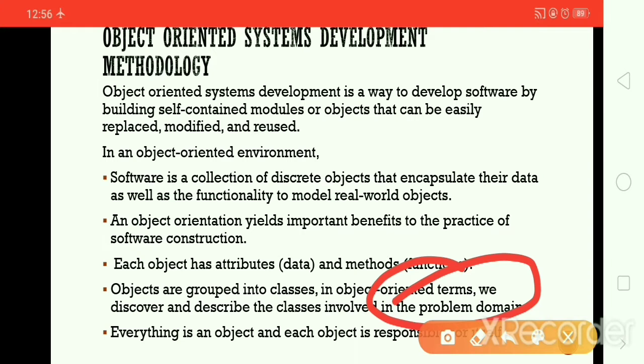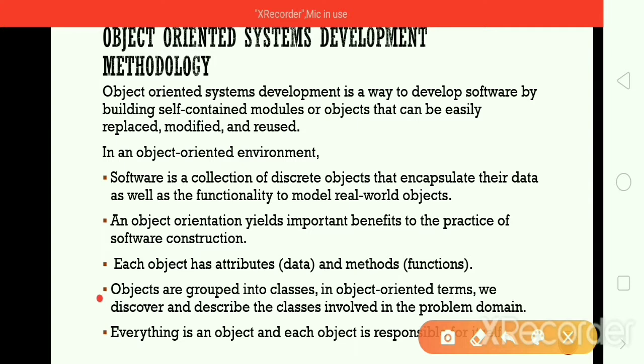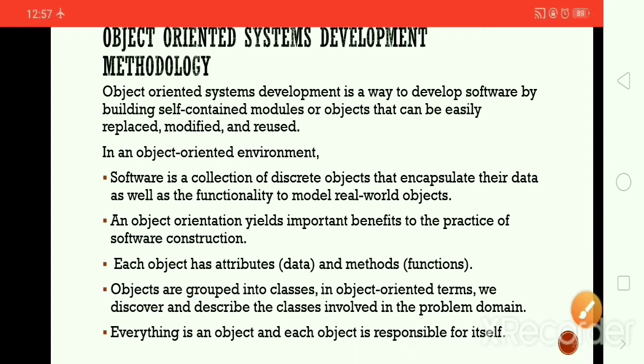At that time, you need to discover the classes involved in that problem domain, so that you can find objects related to particular classes, because classes are collections of objects.